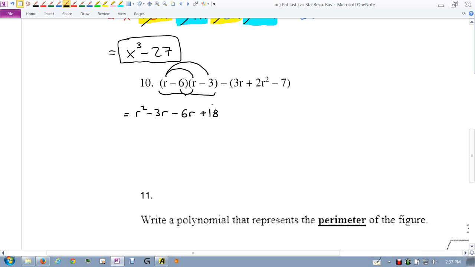Then we're going to need to address that negative right there. So it's got to go through before I can drop the parentheses. So minus minus goes through. So negative 3r, then minus 2r squared, and then plus, careful, that 3 is not there. It's all right. Plus 7. Good.